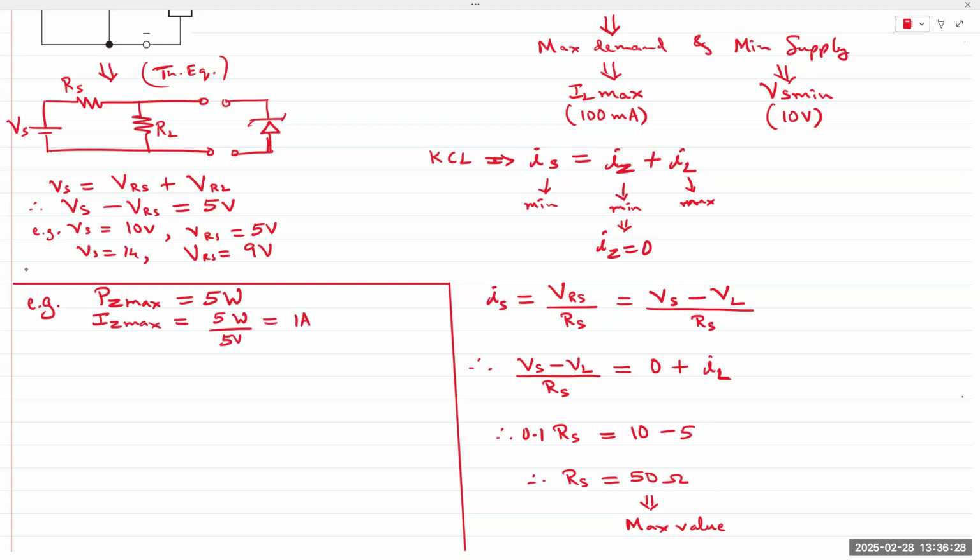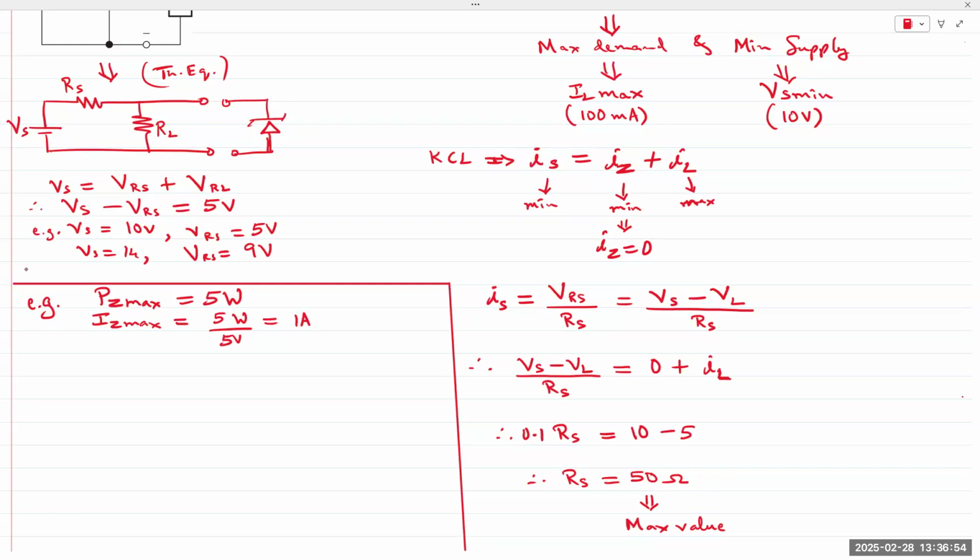The Zener diode can sink a maximum of 1 amp. Current sink as in SINK, it sinks the current through itself to maintain the output current at 100 milliamps. In this case, we are focused on the Zener diode so that the Zener diode does not blow up.